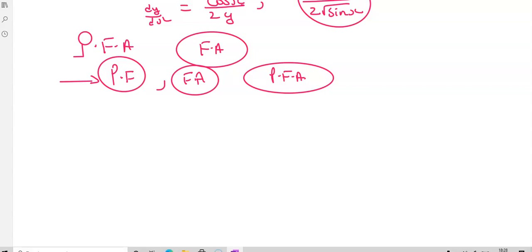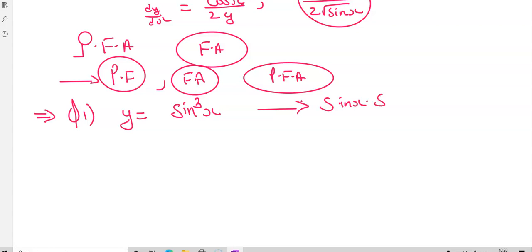So new section, new version of question. y is equal to sine cube x. Ideally I can do it with the product rule, like sine x into sine x into sine x. But we need to be a bit smarter.